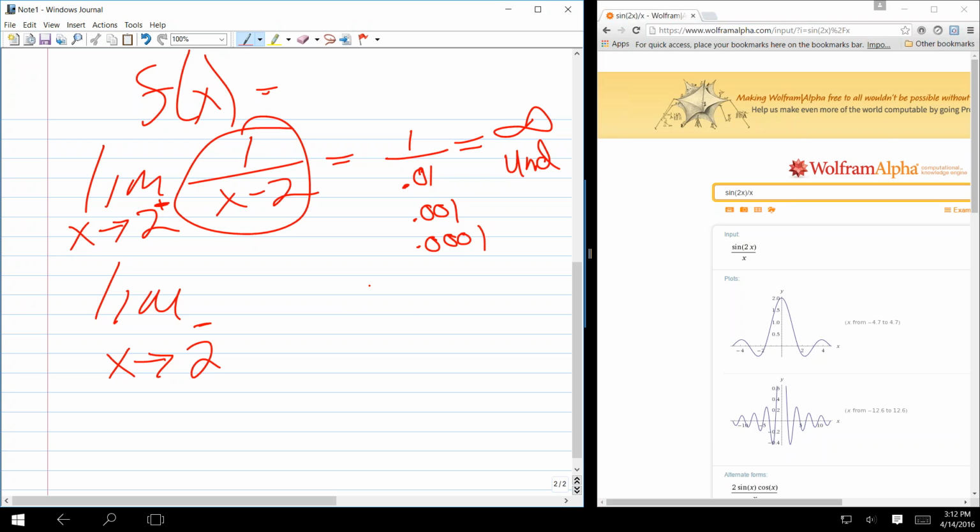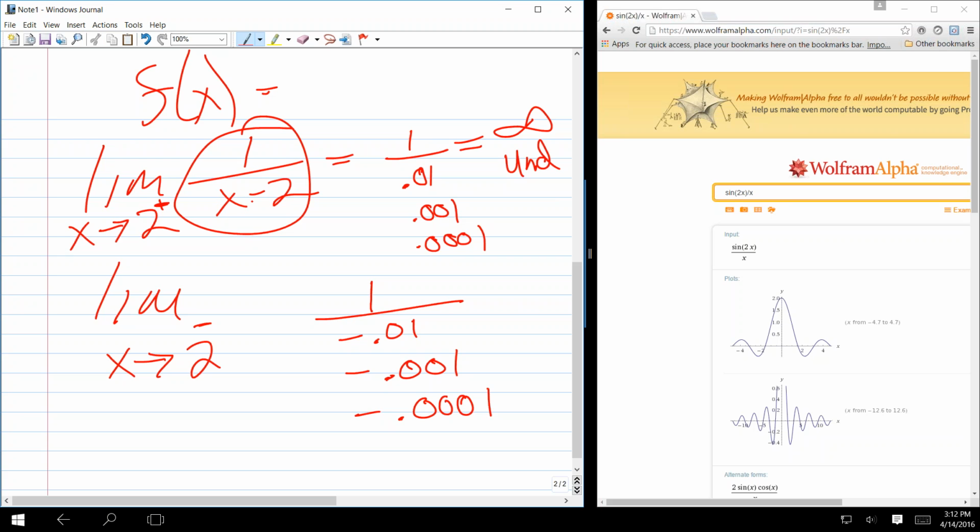Now, if I approach 2 from the left side, let's talk about that for a moment. Now the first number is minus 0.01. The next one is minus 0.001, and then minus 0.0001. In other words, when we approach it from the left side, let's say the first number we plug in is 1.9.